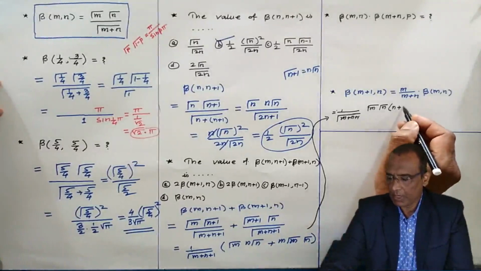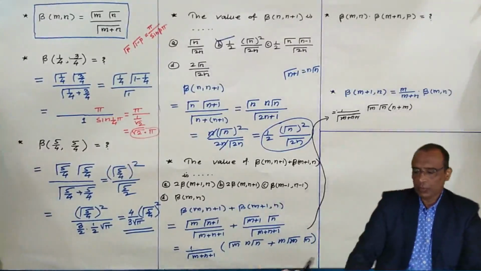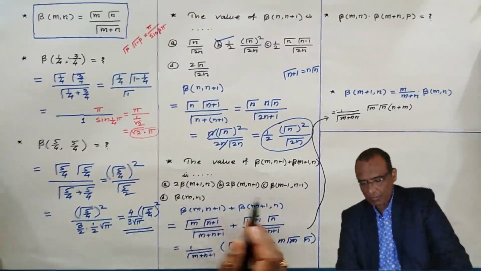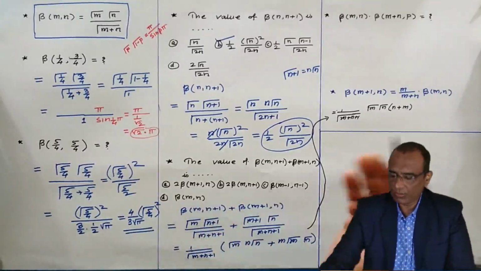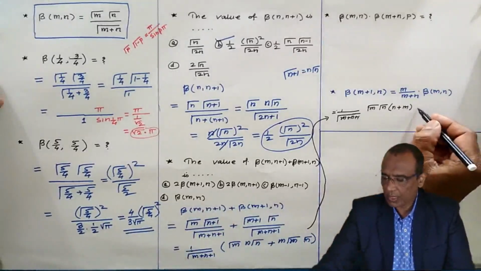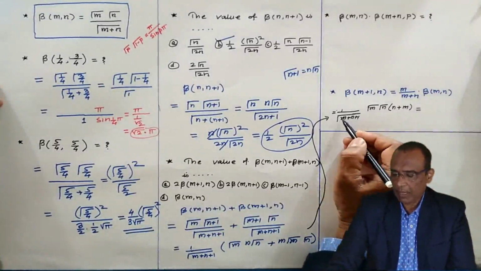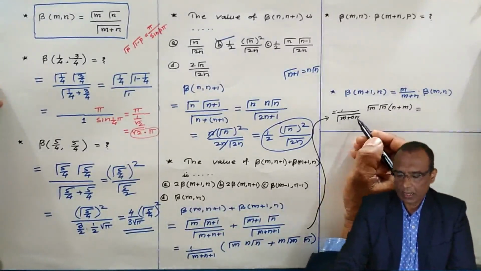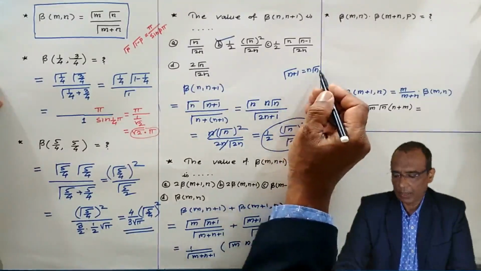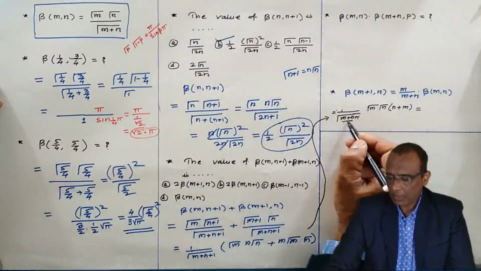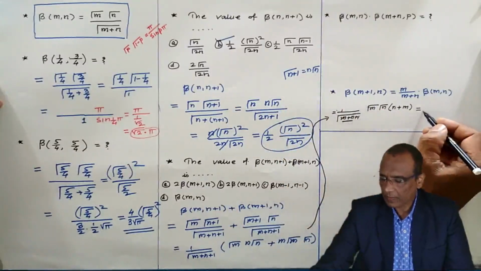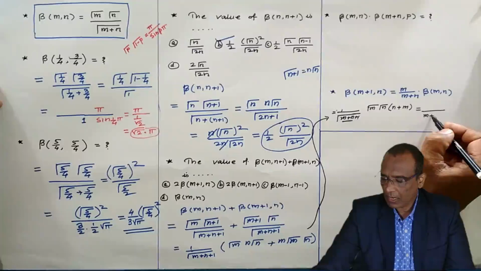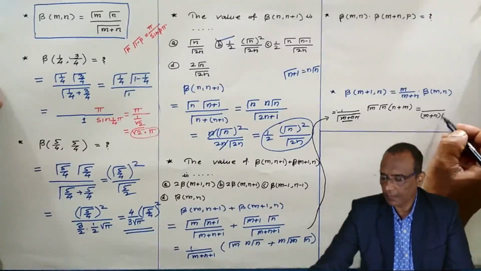Now please check whether this option is specific. The options are given in terms of beta, so you have to solve it further. Now one more step. Gamma m plus n plus 1, how to write it? It is m plus n, gamma m plus n.